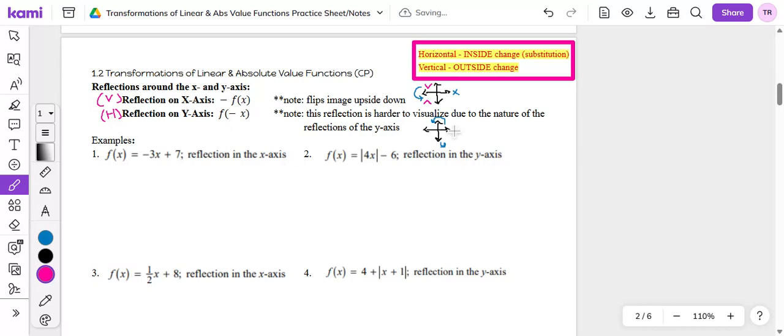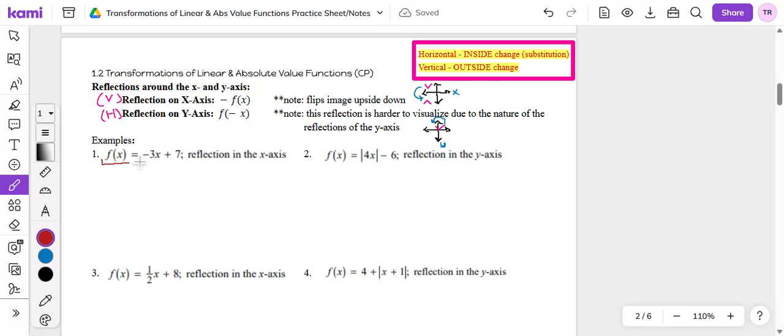The one hard thing with these graphs is if I have a V shape and I flip it around horizontally, it's still going to look like a V. So those are much harder for us to visualize because of that reflection. But if they tell us it's a reflection on the y-axis, I at least know what I've got to do. So we're going to go through a few together, and then you guys will try on your own, just like before. Again, in blue will be my thought process the whole time.